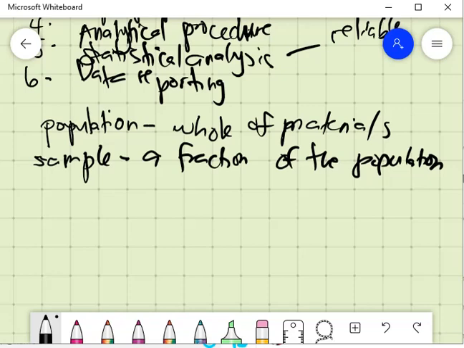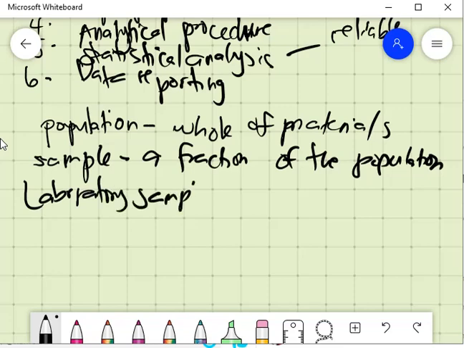Okay? So to choose which part of the population we need to take samples of, that will be discussed later. So that's part of the sampling strategies, okay? So we have to understand the difference between population and sample first. And then after you get the sample, you also have a laboratory sample.